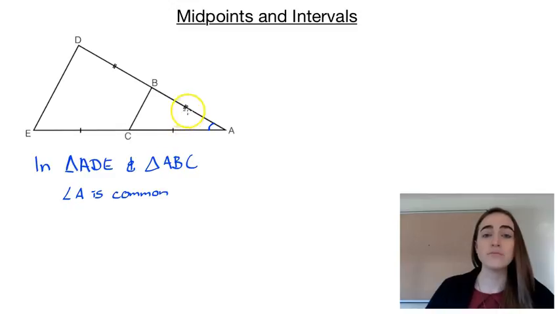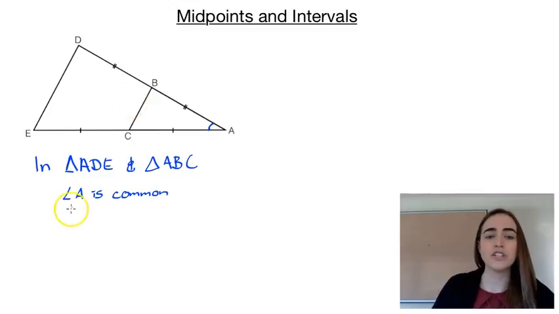Okay, the next one along is looking at the ratios of the sides. If we have a look at side AB compared to its corresponding side, which is AD, we know that AD is going to be twice as long as AB because we know that those intervals are the same length.